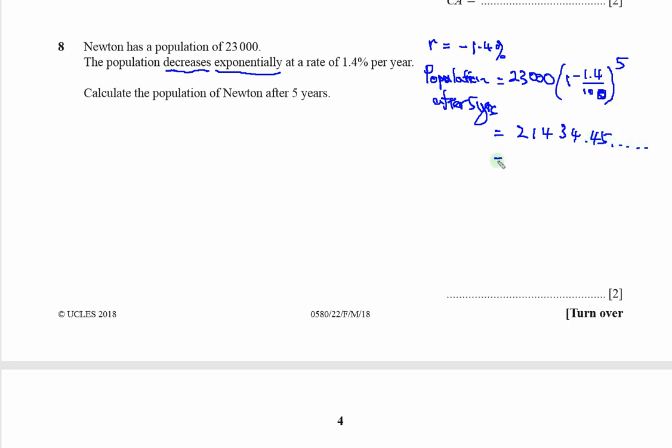So if 3 significant figures, it is 21400. Okay, that's the population, 3 significant figures. Okay, now next.